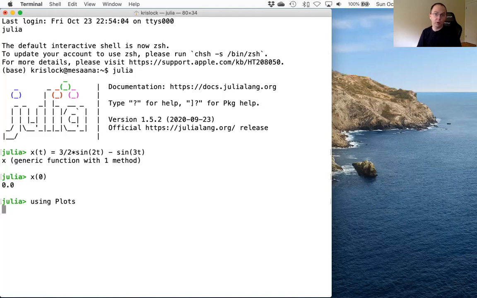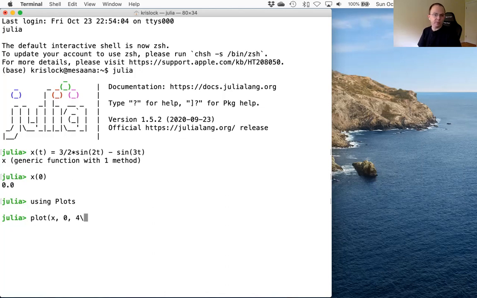So let's load up the plotting package in Julia. And this can sometimes take some time, so I'm going to pause. Okay, all loaded up. So now we want to plot this function x from like 0 to, I don't know, let's do like 4 pi, I guess.